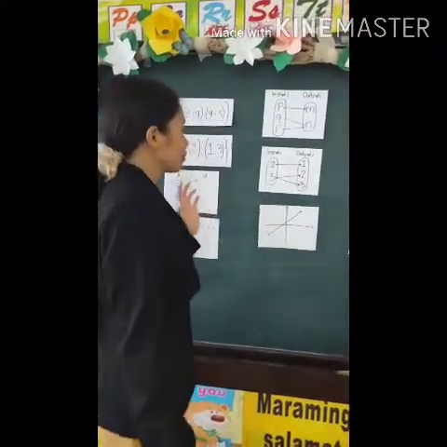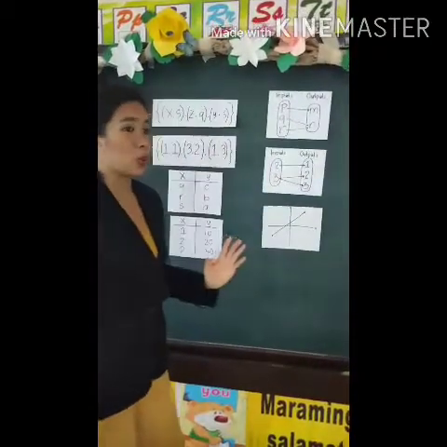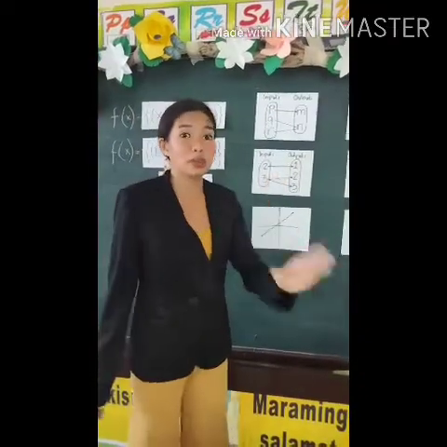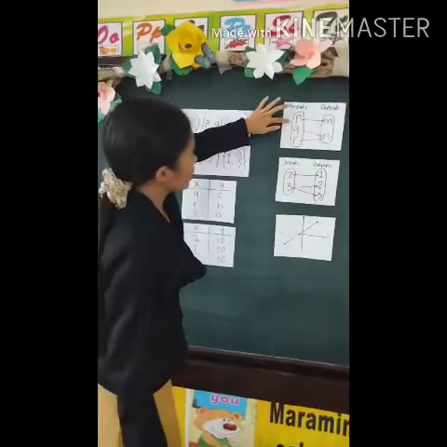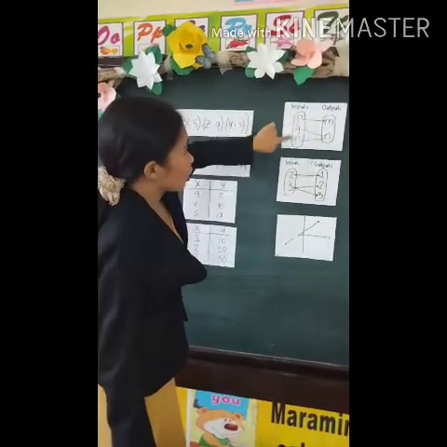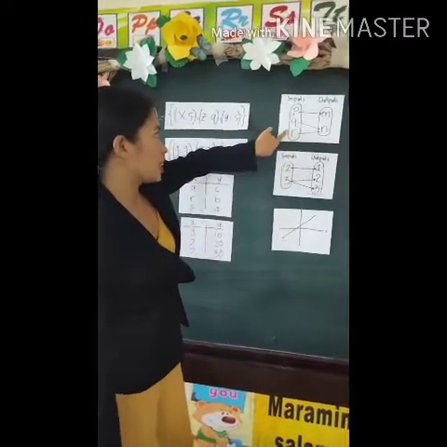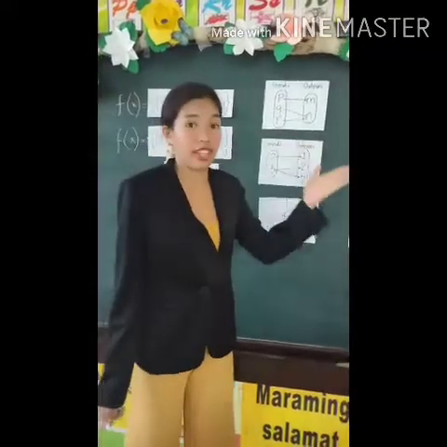As I've said earlier, it is okay to repeat the output but do not repeat the input. So it repeats the input, which is the Q and R. So this is not a function.